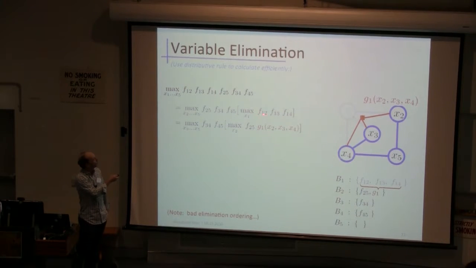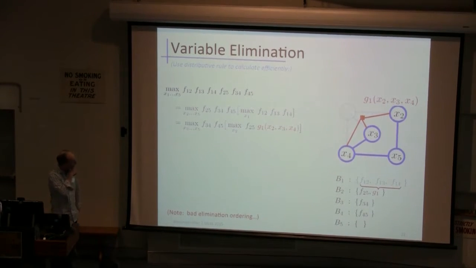So here we compute a function over x1, 2, 3, and 4 jointly. Maximizing over x1 gives us a new function over 2, 3, and 4. Note that this graph actually wasn't all that complicated. I intentionally selected a bad elimination ordering so we would get a large function here. But in general, this happens.